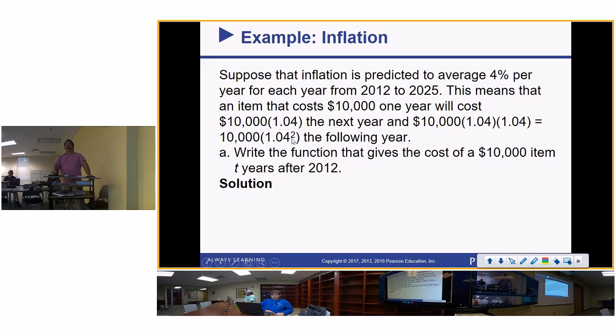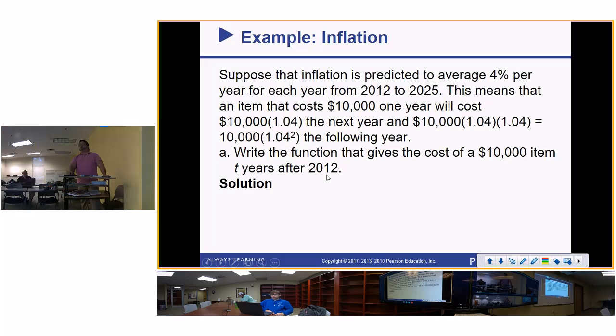So you would raise 1.04 to the second power right there. This is 1.04 to the first power. Write the function that gives the cost of the $10,000 item after t years. So it's going to be 10,000 times 1.04 to the x power, or something like that. There it is, to the t power.